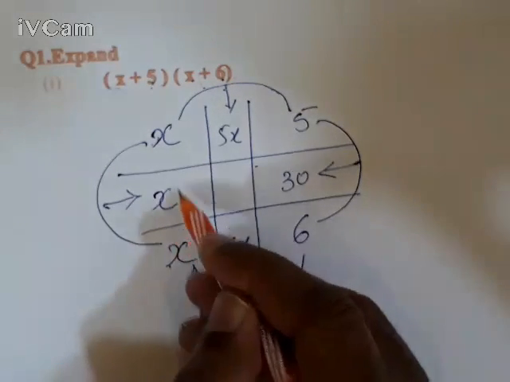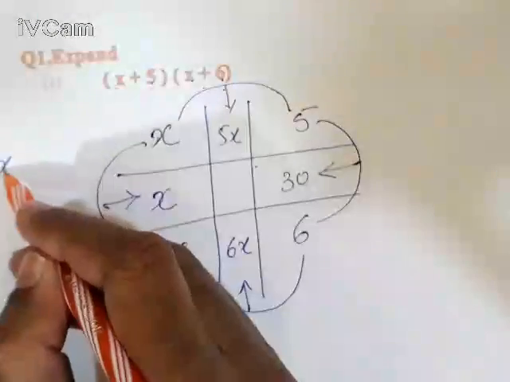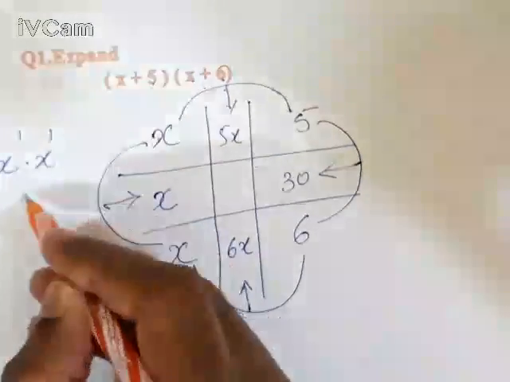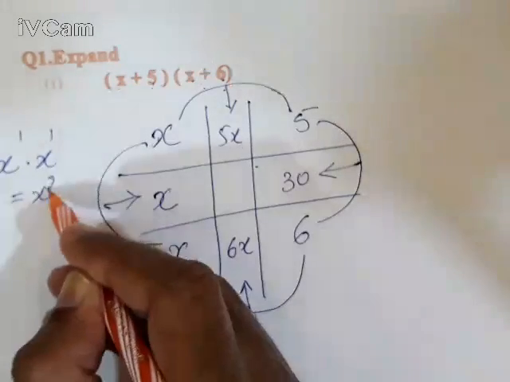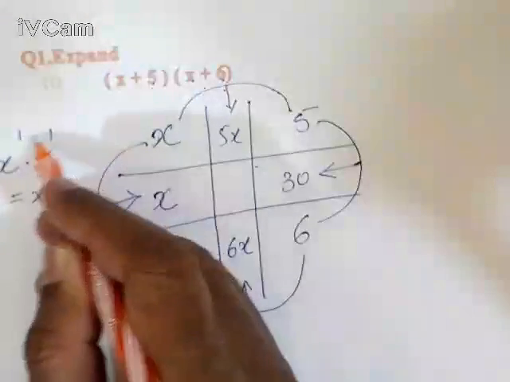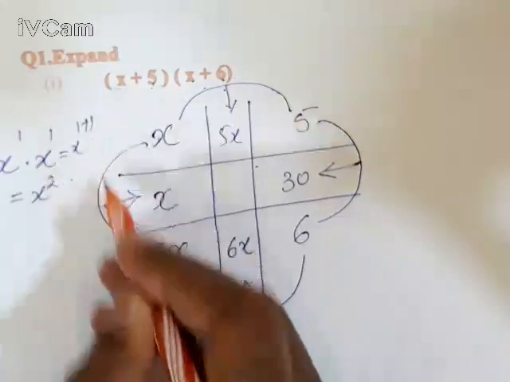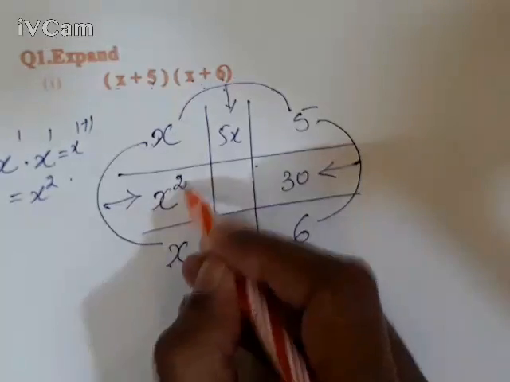powers are added. So both the bases are same and their power is 1, so it will be x square. So both these values are added, so it will be x to the power 1 plus 1, that's why we will write x square.